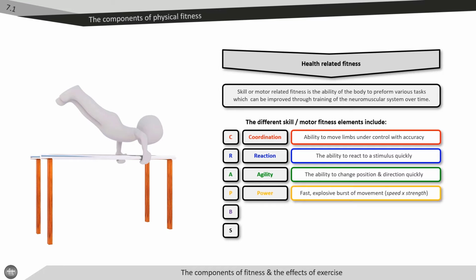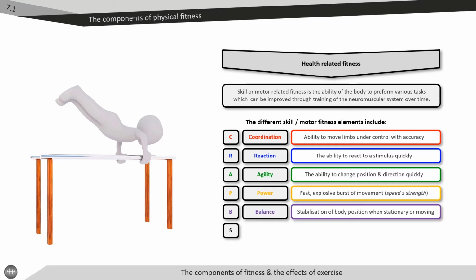Power. This is the ability to exert maximum muscular contraction instantly in an explosive burst of movement. The 2 components of power are strength and speed. Many activities involve power, such as standing from a seating position and picking up and carrying the shopping. Balance.